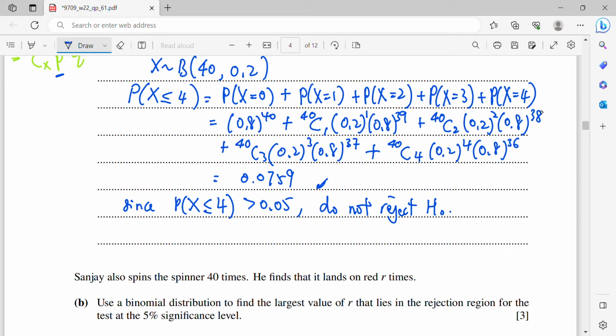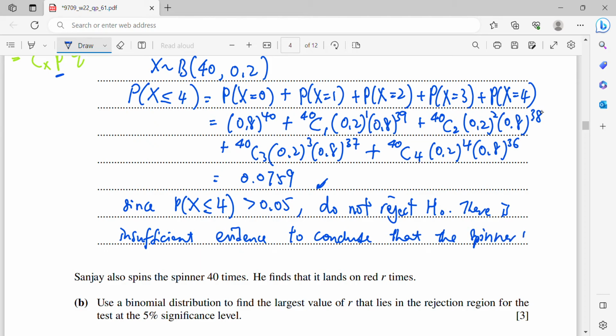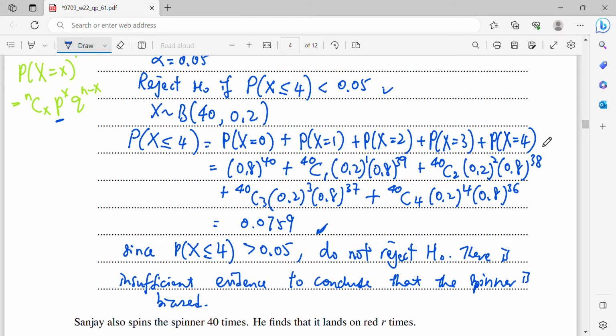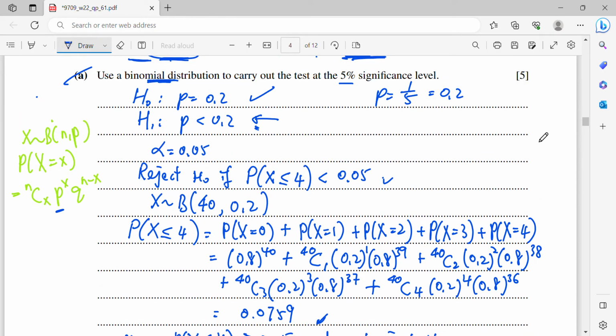So I will say there is insufficient evidence to conclude that the spinner is biased. Okay, so that's the solution for part A, hypothesis testing for binomial distribution.